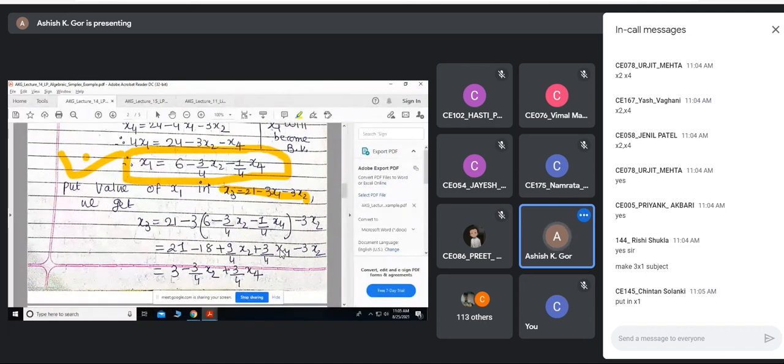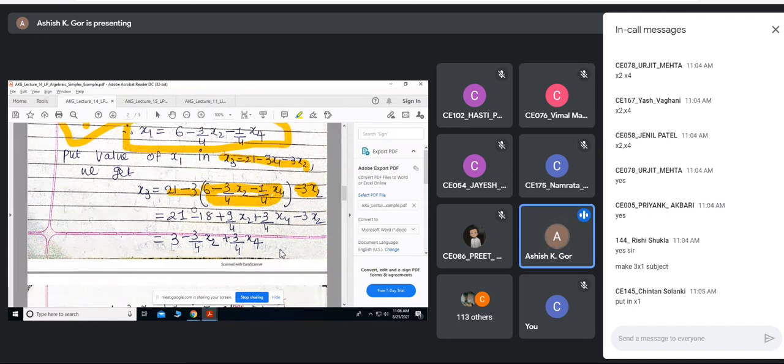You can see if you put x1 equal to 6 minus 3 by 4 x2 minus 1 by 4 x4, then your 21 minus 3 into x1 minus 3 into x2. If you solve this, you get 21 minus 18, which is 3.